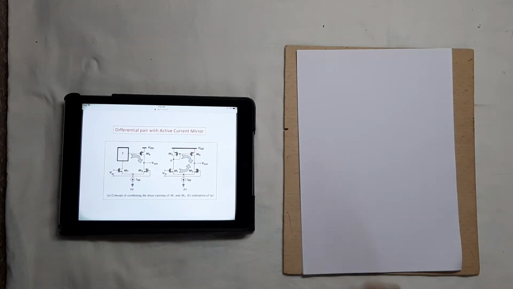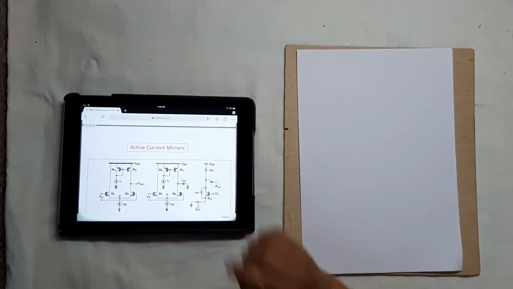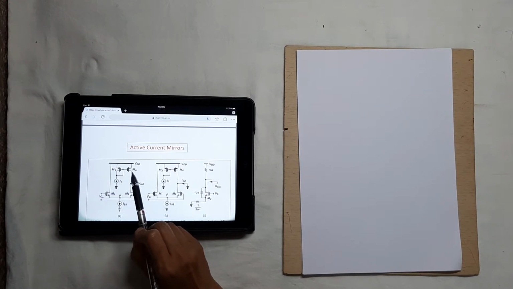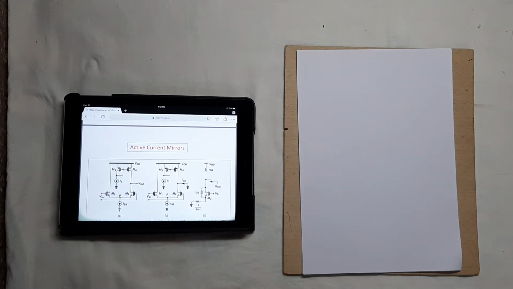In the last session, we have seen the active current mirrors where we have M3, M4 transistors which are connected as a mirror circuit, which was taken or considered as the load circuit.